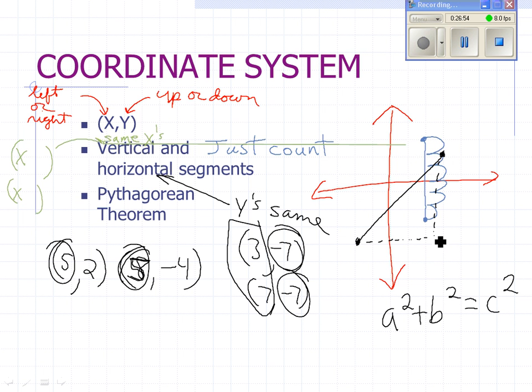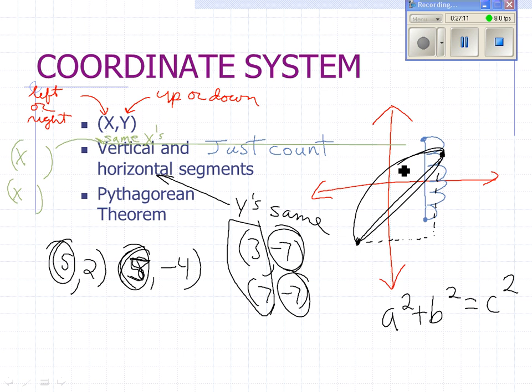You could just count this one because it's horizontal, and this one because it's vertical, and then you could use Pythagorean's theorem to find the length of the diagonal.